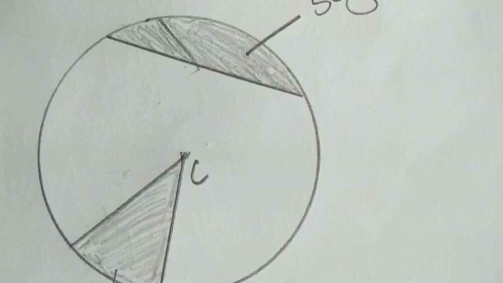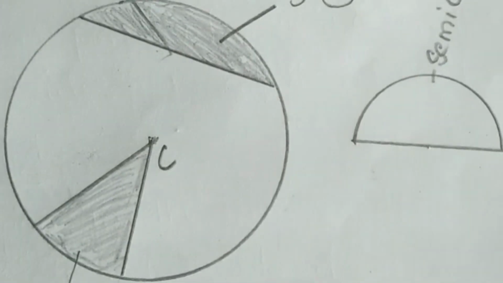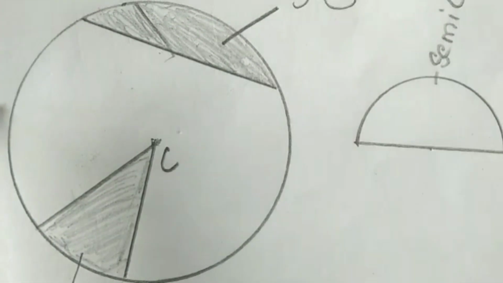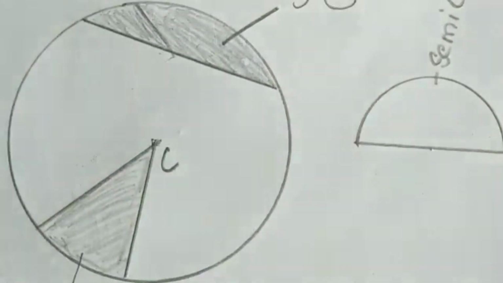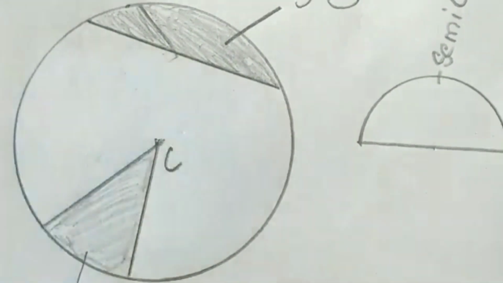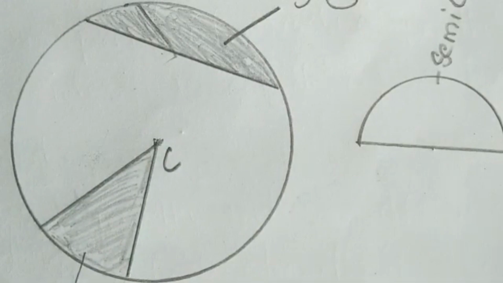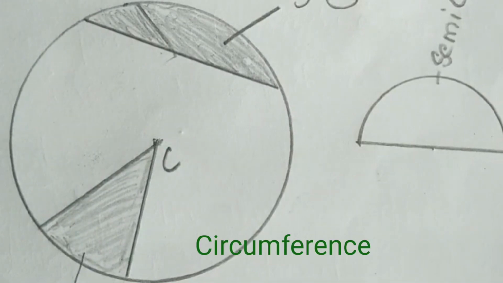Okay, you understood, children? The length around the circle is called the circumference of the circle.